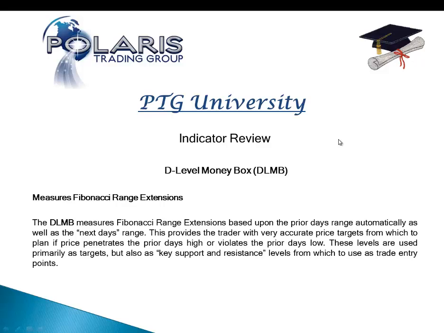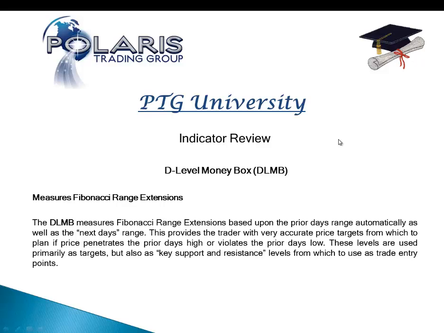Today's indicator is the D-level money box, DLMB. The DLMB measures Fibonacci range extensions based upon the prior day's range automatically, as well as the next day's range. We'll show that in the charts in a moment.